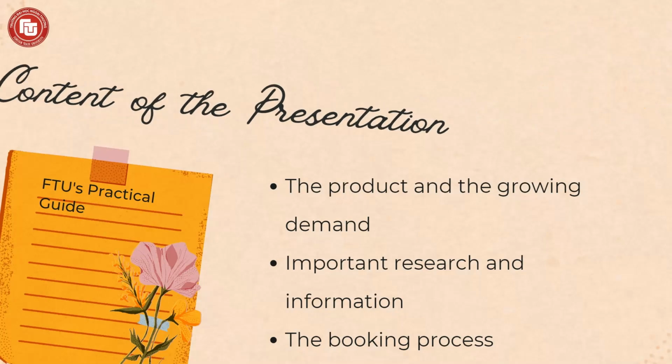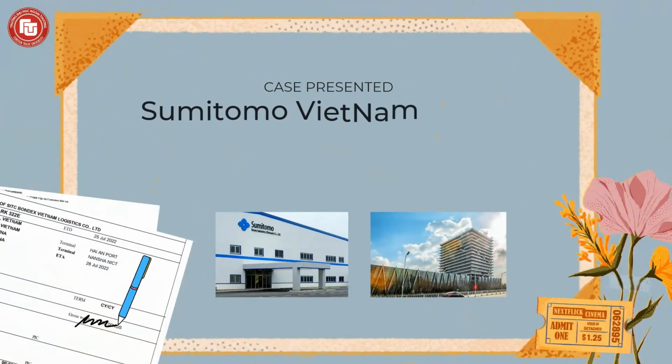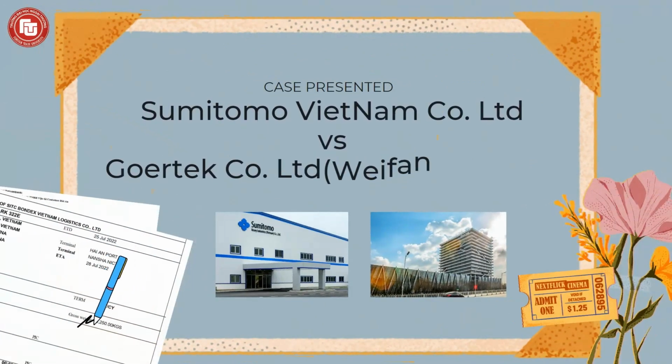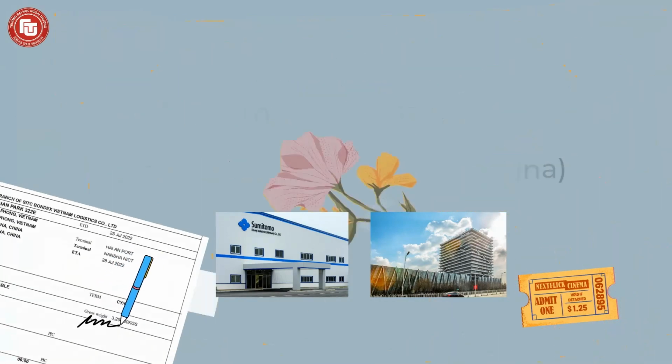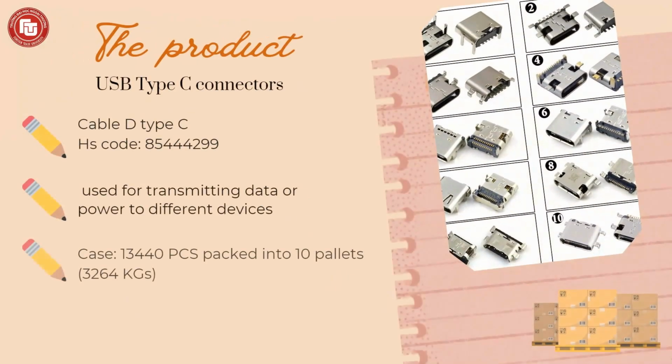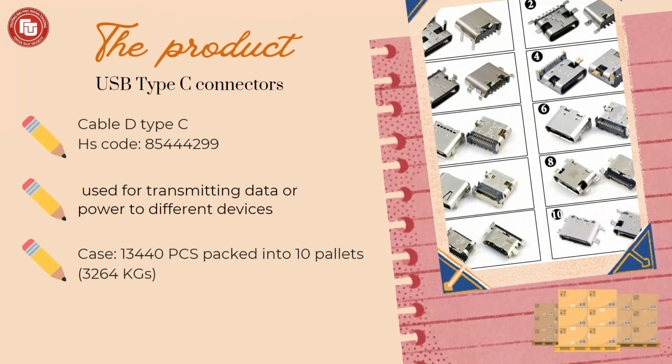This is a trade between Sumitomo Vietnam Company and Goertek Company from Weifang, China. The product in the picture is Cable D Type C with the HS code 85444-299.